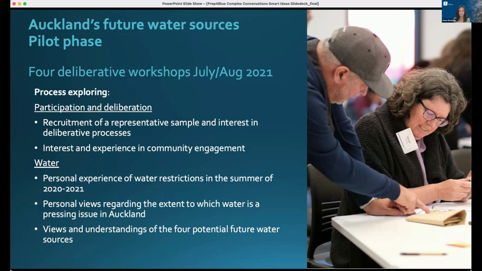And we had a baseline for this question: right now Auckland uses some water from the Waikato River, which is in a region to the south of us, and culturally and for other reasons, Auckland has agreed not to take any more additional water from the Waikato River.